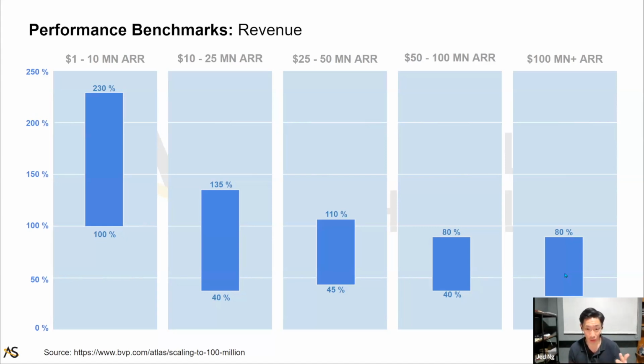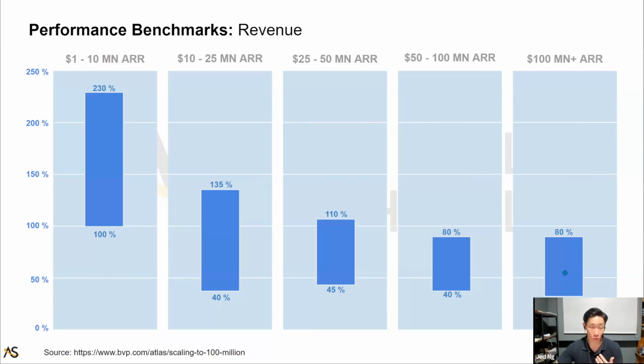And this particular chart shows growth. So this is kind of their benchmark of what good looks like in software. So it's a way to guide our thinking, right? But if you're investing in other sectors, maybe you have to calibrate the benchmarks a little bit differently.